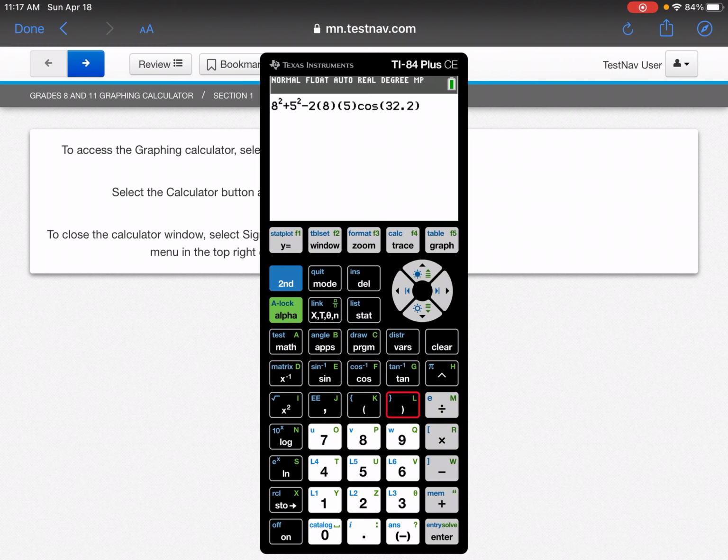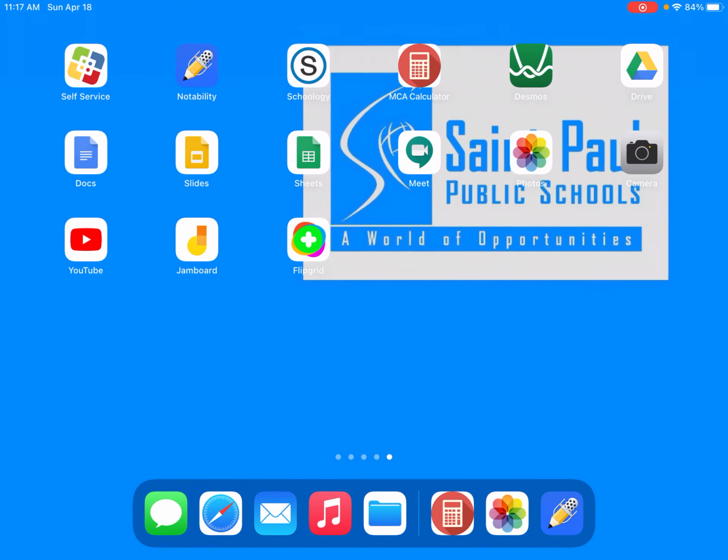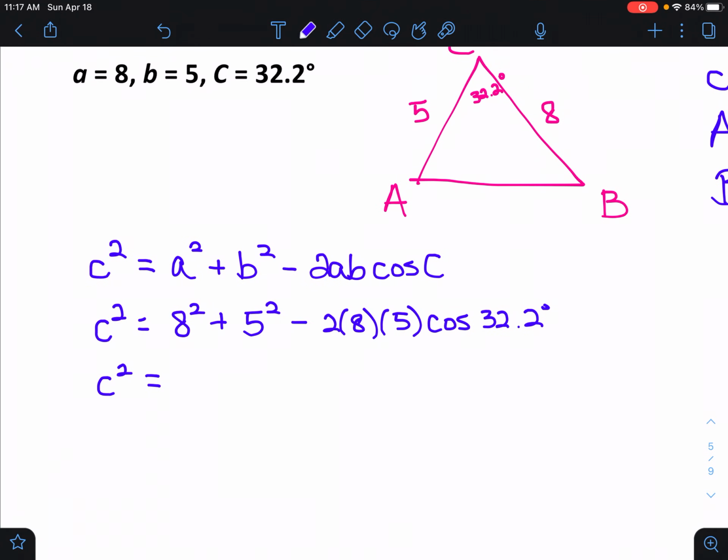I hit enter, and I get 21.3. Now I'm not going to round this. You might want to write this here, but I'm going to leave that in my calculator. So I'm going to put 21.3. Now I need to take the square root of both sides so I can figure out what C is.